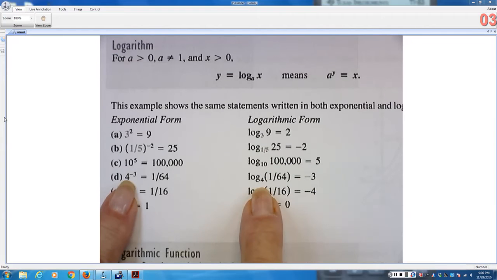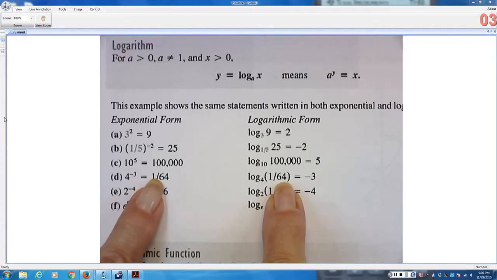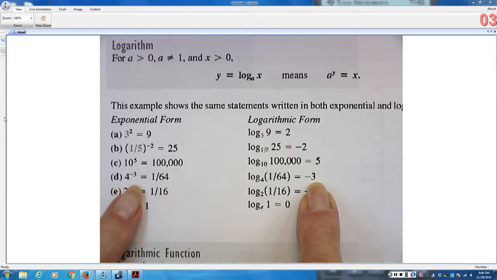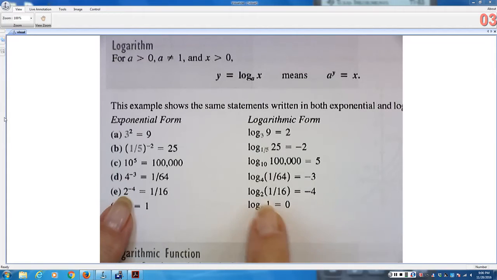The base 4 logarithm of 1 over 64 gives you the power that went on that base, which was negative 3. If you use 2 as the base and you raise it and your answer comes out to be 1/16, it was because you took 2 to the negative 4 power.